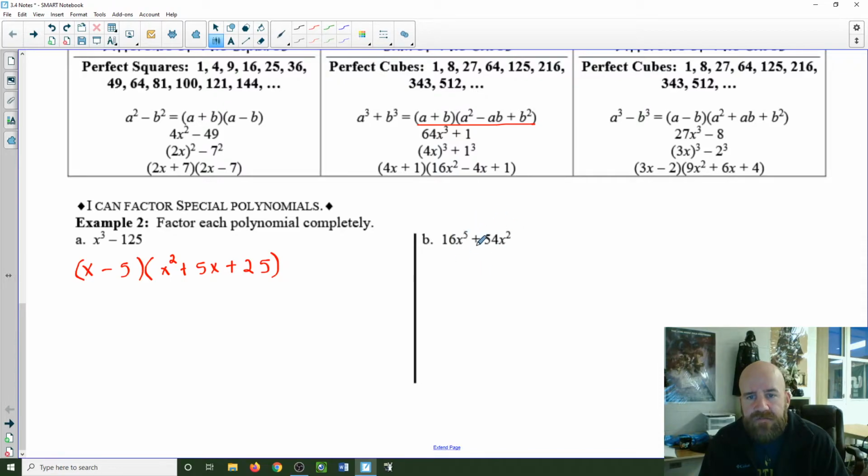Alright, this next one, we have to do some greatest common factor first. We can take out at most a 2 and an x squared, so 2x squared is the greatest common factor. We're left with 8x cubed plus 27.